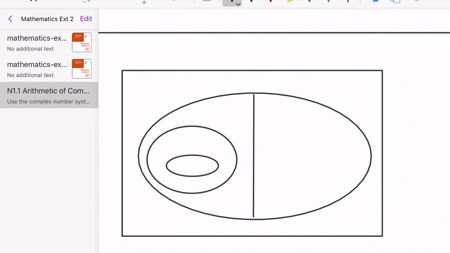You will be familiar with this, so we begin with the natural numbers. And they are indicated by the N with a dash. Then we move out into the integers. And they are signified by the Z. And then we've got the rational numbers.